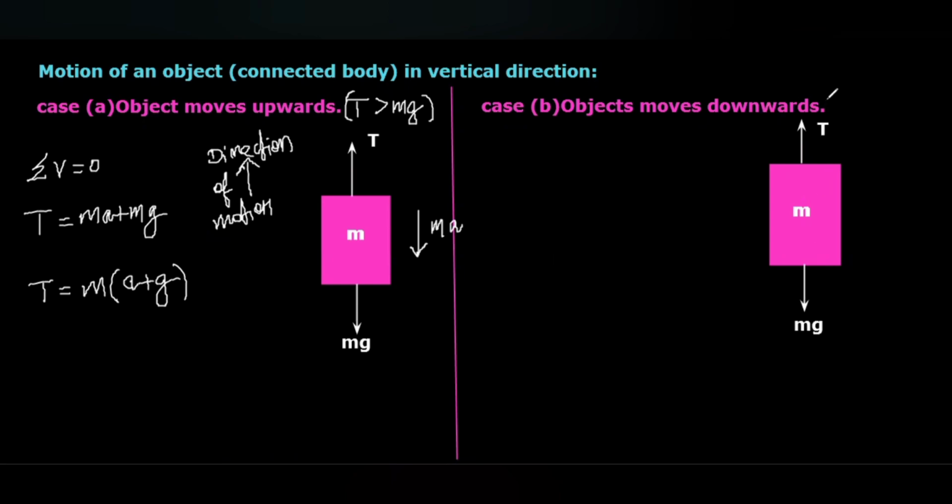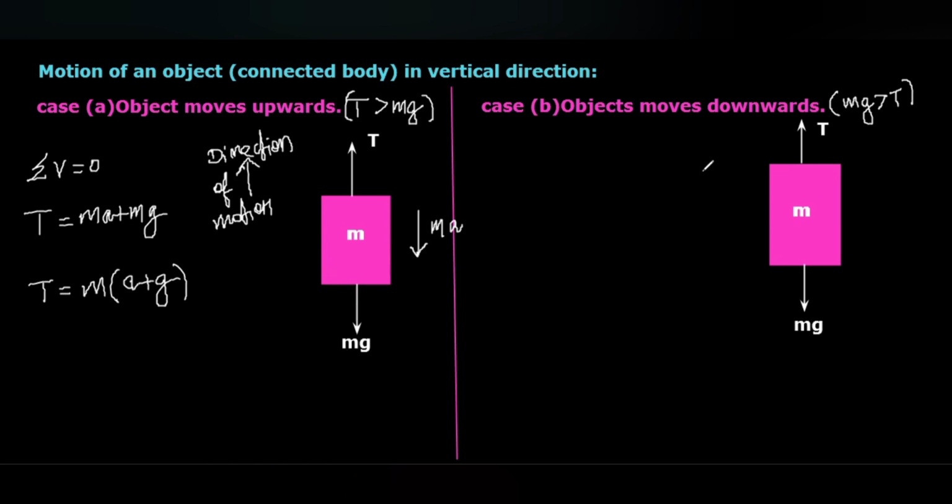Here the upward force is less than the weight. Otherwise, the downward force mg is greater than the tension in the string. Then the object will move downwards.